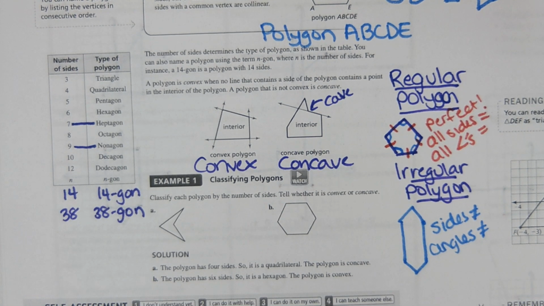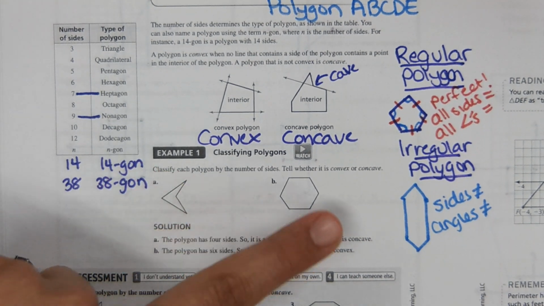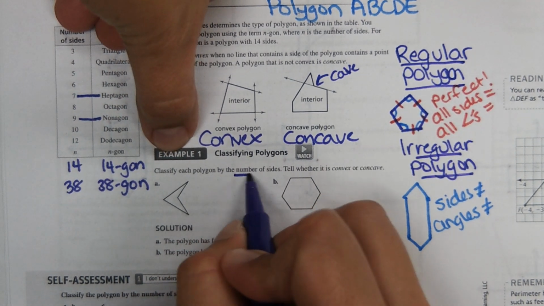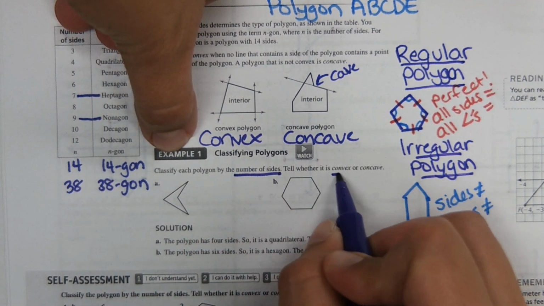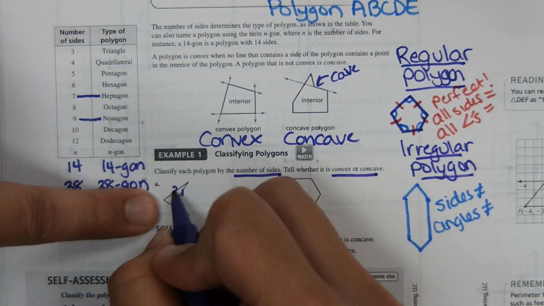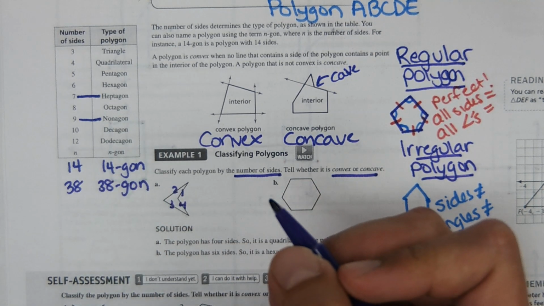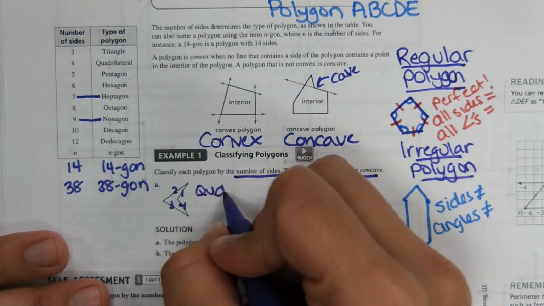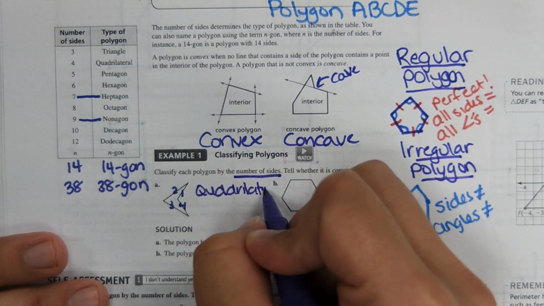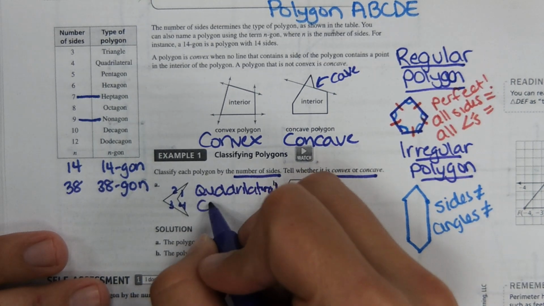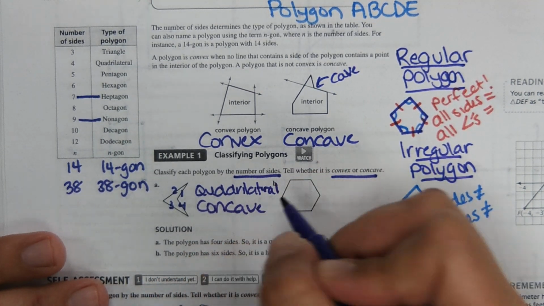Okay, then using that vocabulary, we're going to answer these. It says classify each polygon by the number of sides and then tell whether it's convex or concave. So here we're going to count the number of sides. 1, 2, 3, 4 sides. So this would be a quadrilateral. And then it has that cave, so concave.